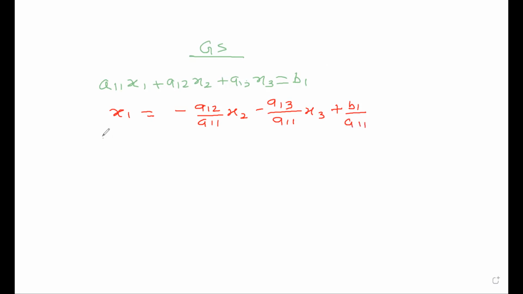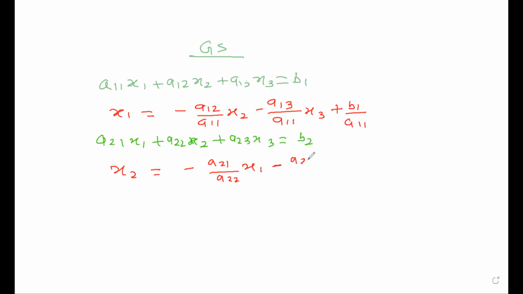Then we have another equation, A21 x1 plus A22 x2 plus A23 x3 is equal to B2. We can rearrange the equation and solve for x2. x2 is equal to minus A21 divided by A22 x1 minus A23 divided by A22 x3 plus B2 divided by A22.